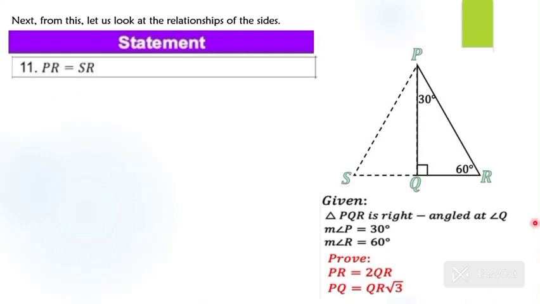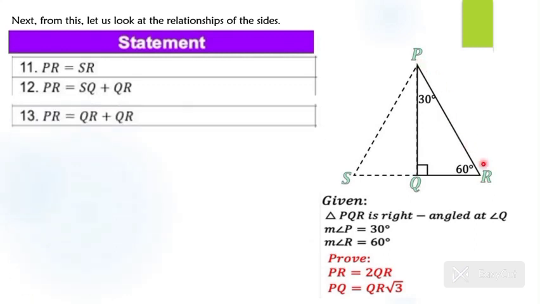So this is in the definition of our equilateral triangle. So our PR is just equal to our SR. Now, our PR is equal to SQ plus QR. So when we get the sum of SQ and QR, this is just equal to our PR.